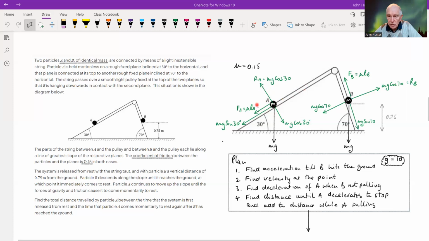So we're then just considering particle A with its initial velocity, and we'll work out its deceleration from that.